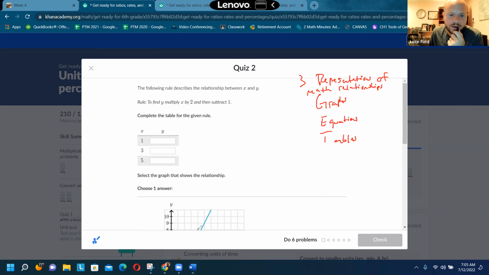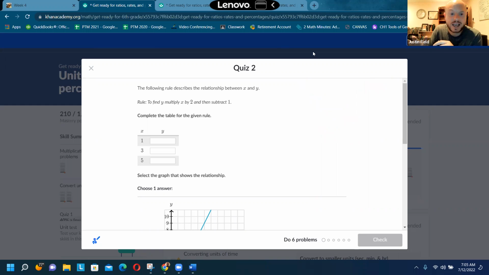And so here we see a table, we see a graph, but they're ways of expressing the same thing. Oh, and a rule is to help us with the equation. So to find y, multiply x by 2 and then subtract 1. So multiply x by 2, 2x, subtract 1.